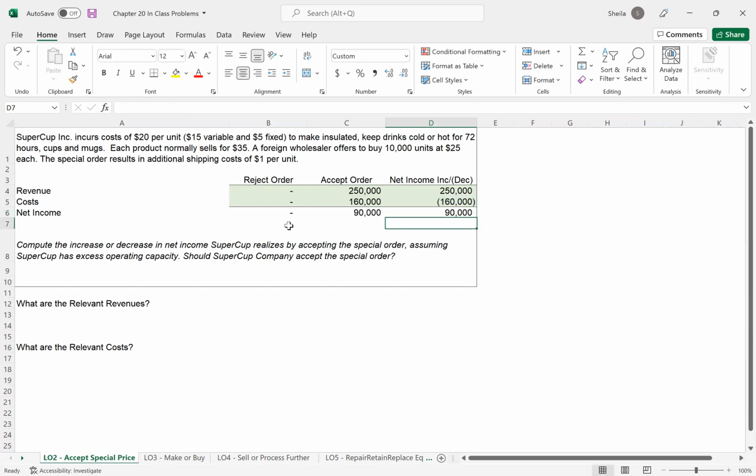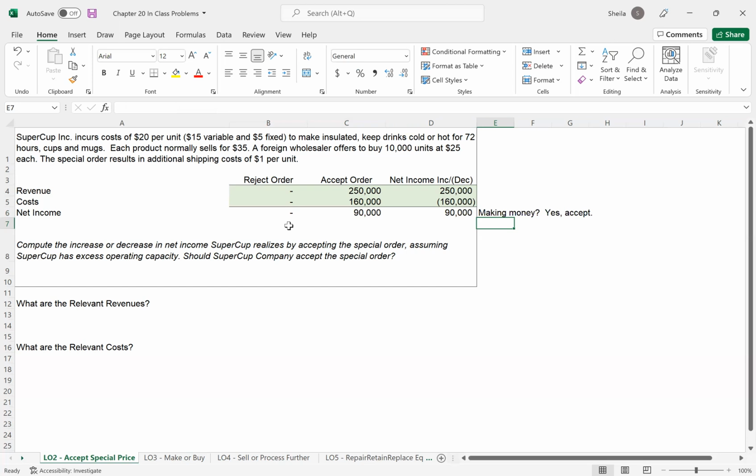So should we accept this special order? Quantitatively, are we making money? Yeah, so we would accept it. A couple of other things to consider though. Is this the only alternative? Are there other opportunities out there, different things that we could be thinking about?